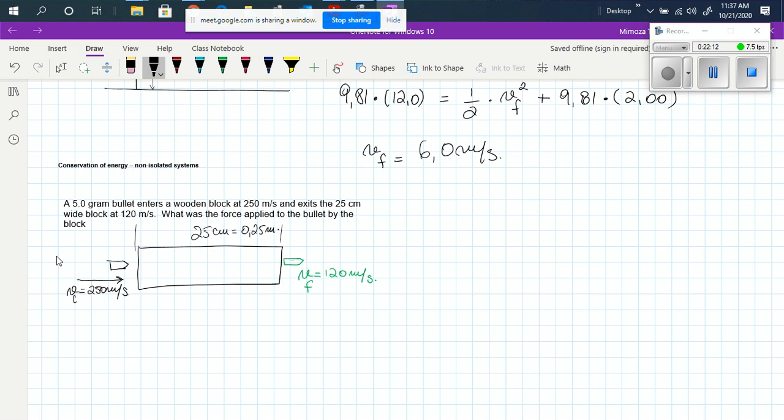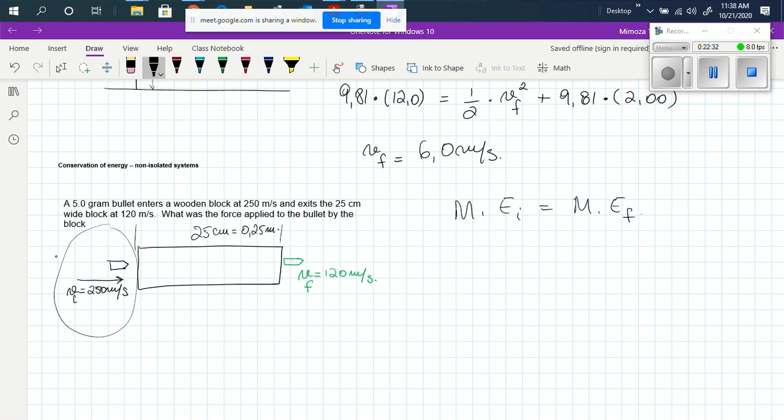So as the conservation law of energy is always the same, mechanical energy initial is equal to mechanical energy final. It doesn't change.